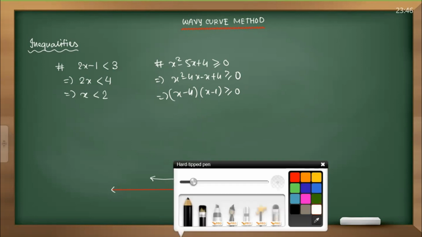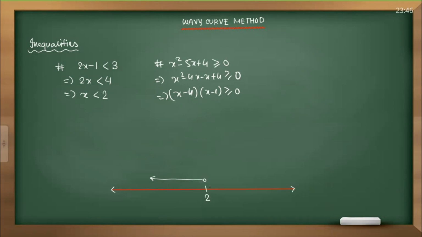We'll take the number line. This is our number line, and we'll take the points 1 and 4. Let's say there's a hollow there and a hollow there. What does this mean? X is only greater than or equal to 4.